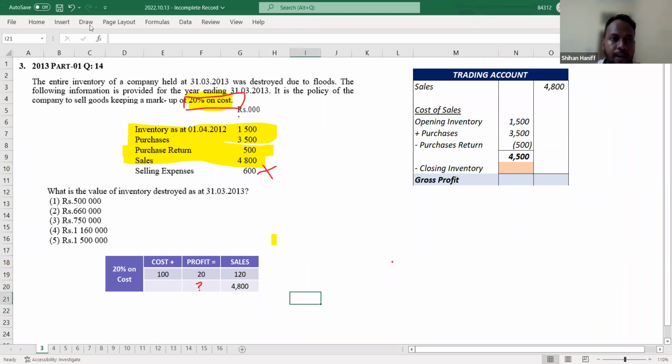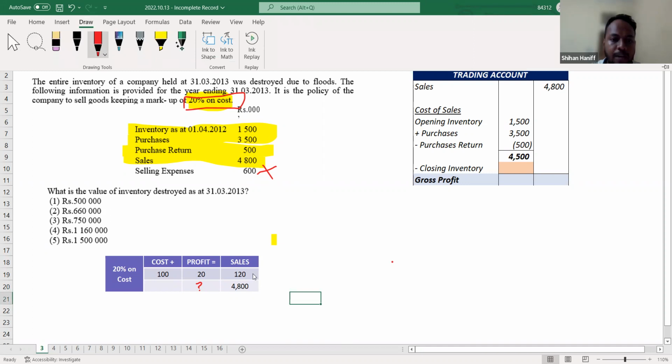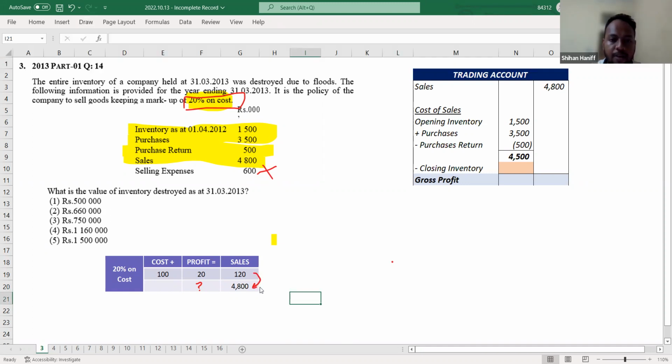So that is a simple calculation. We call it cross multiplication, right? Cross these two and multiply by this: 4,800 divided by 120 into 20.